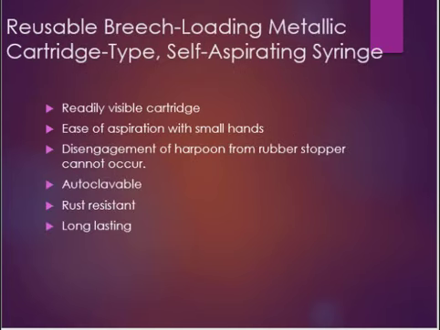Okay, the next one we're talking about is the reusable breech-loading metallic cartridge type self-aspirating syringe. Again, the advantages: readily visible cartridge, ease of aspiration with small hands, disengagement of the harpoon from the rubber stopper cannot occur with these. They are autoclavable, rust resistant, and long lasting.